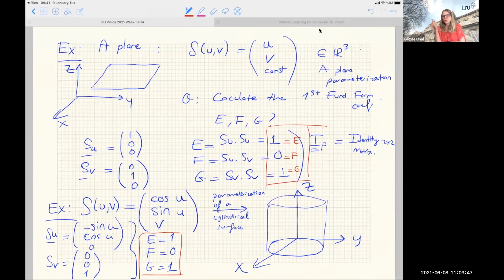Now we will need first fundamental form and second fundamental form. You see, the plane and cylinder have the same first fundamental form, right?